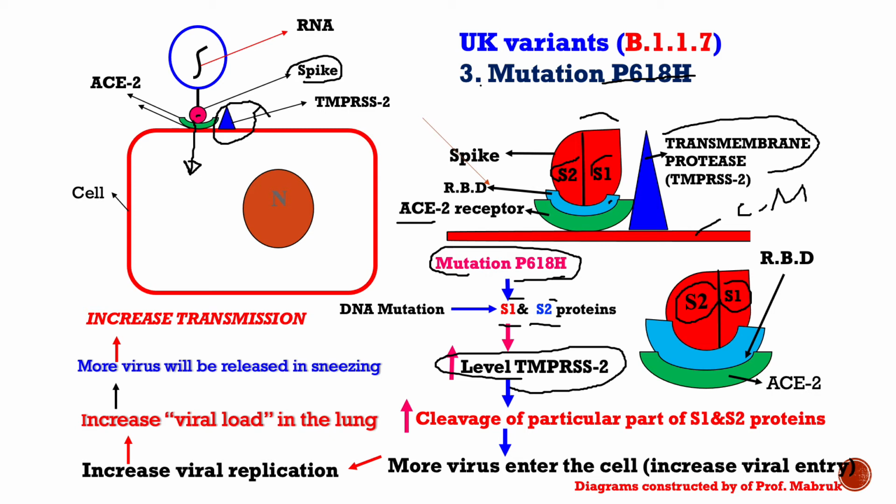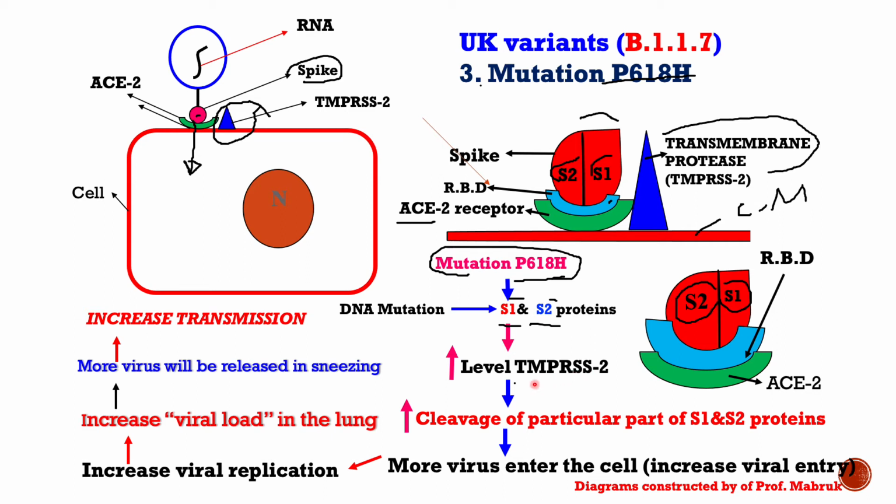This mutation somehow results in the increase in the level of the transmembrane proteases. As you see here in this diagram, you can see that there is an increase in the level of the transmembrane proteases. You see the arrow, an indication of the increase in the level of the transmembrane protease, as I'm pointing with my laser pointer.